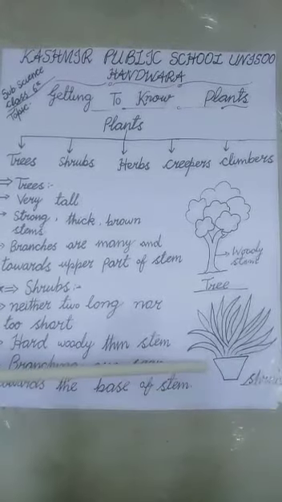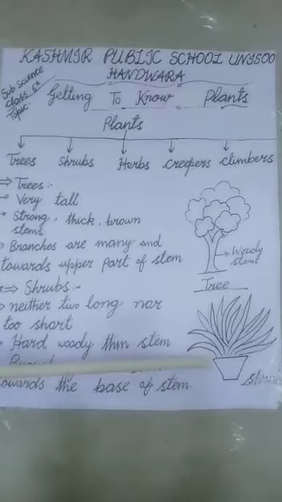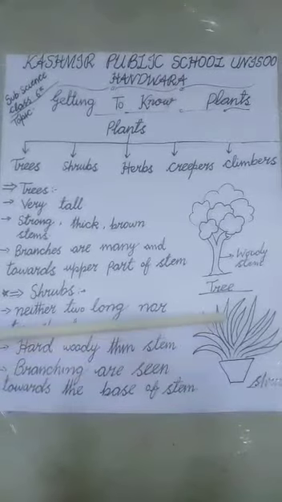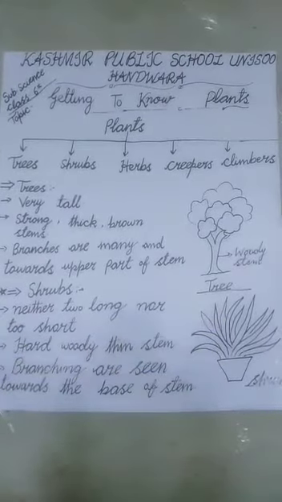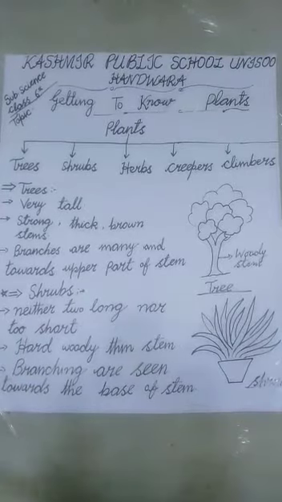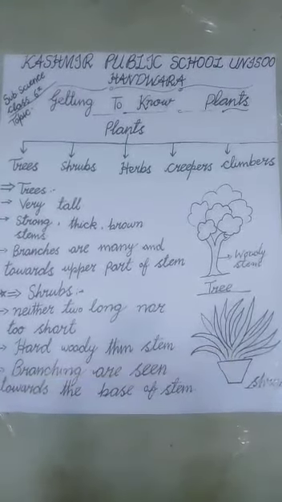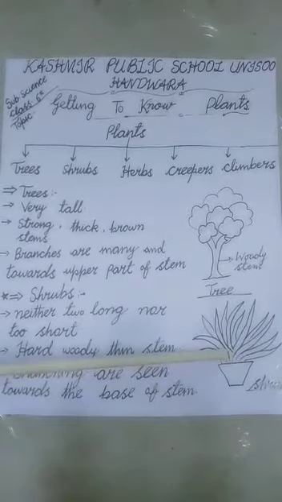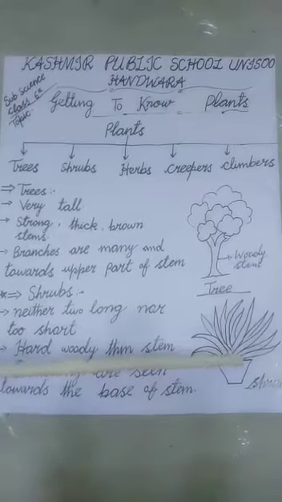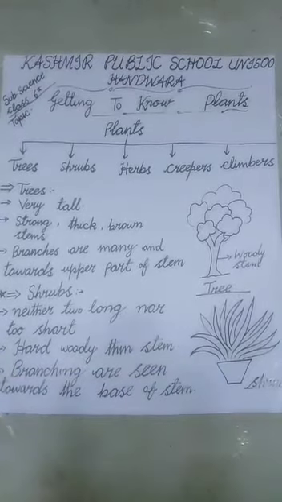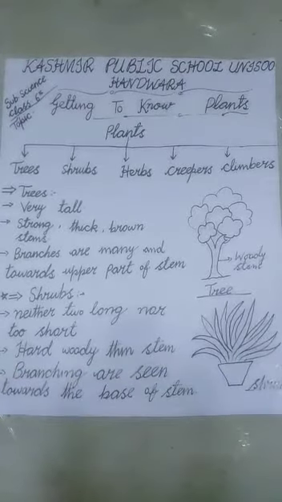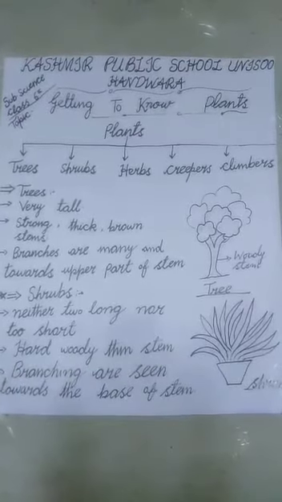From the base, you can find so many branches. Dear listeners, branching is done at the base. So these plants need smaller space for spreading and usually they live a shorter time. Rose plant, cotton plant, etc. are some of the examples of shrubs.